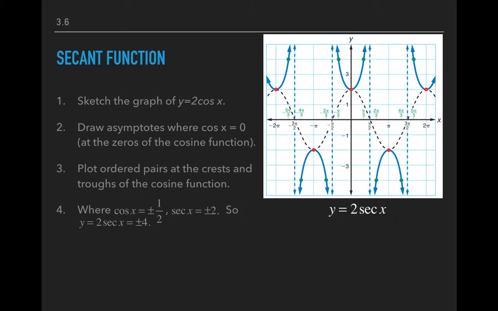So wherever you see 1/2 for your cosine function, you're going to go to 2 for the secant. But this secant function is 2 secant x, so you're going to have a little bit of a change in the amplitude there. You're going to increase that to 4. And that's where those green dots have been plotted.